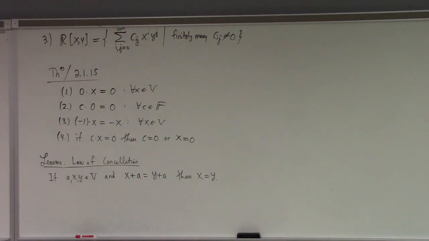So all of these things we kind of take for granted. I personally use these when I'm working with matrices or vectors without even thinking, in terms of simplifying. But these four properties and the law of cancellation can be systematically derived from the axioms I wrote down last time. And if you look in the notes, there's a page where I do that step by step.